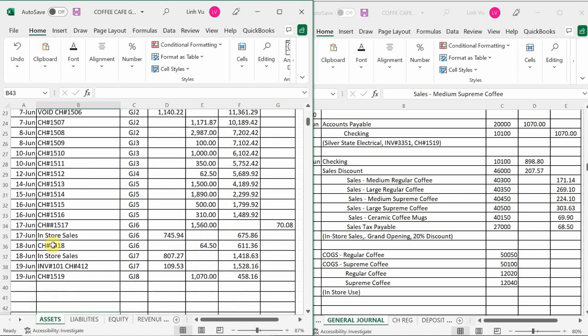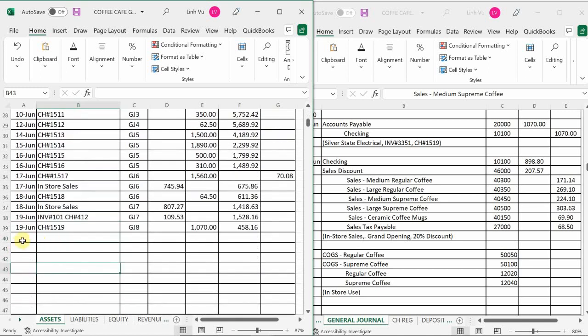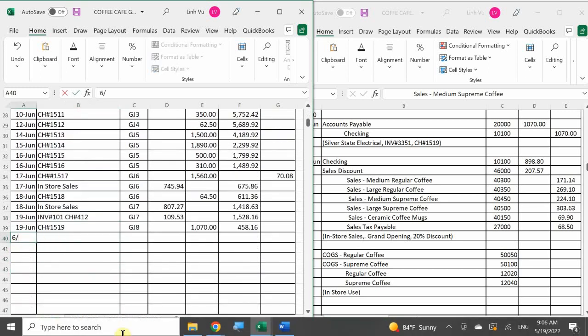Okay, so here we are. Checking is the first thing that we left off on. We just had some in-store sales. General Journal 8, which increased our bank account by $898.80.